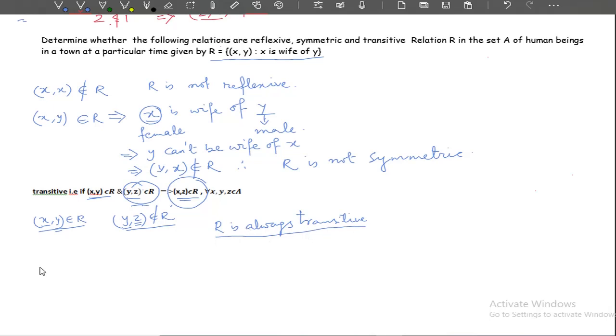Now let us take one more interesting problem related to this definition, transitivity. Let A equal {1, 2, 3}.